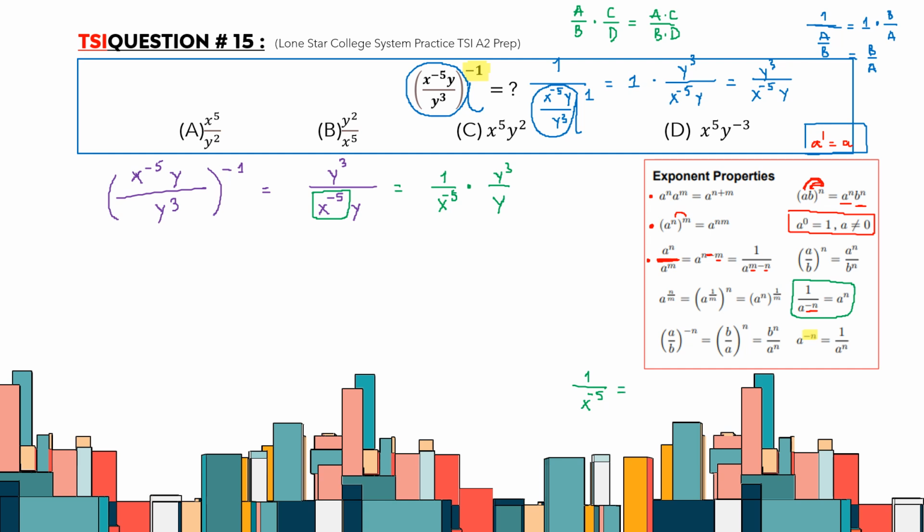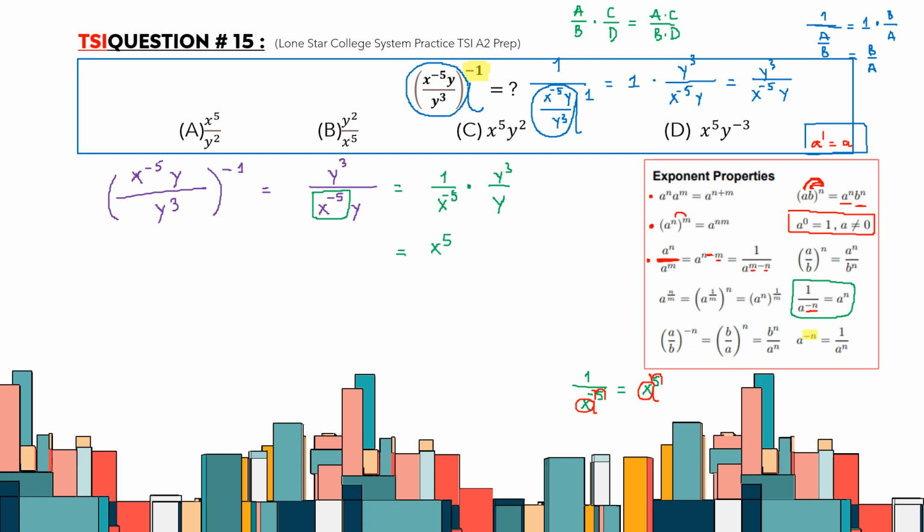So this one will become x to the power of 5, because in this case our a is x and n is 5, so negative 5 is the negative n. You got it? So this equals x to the power of 5.